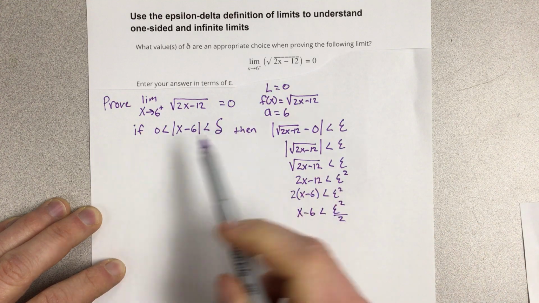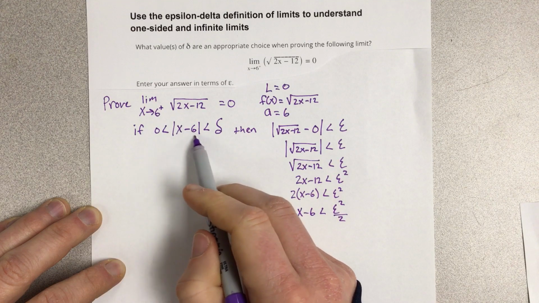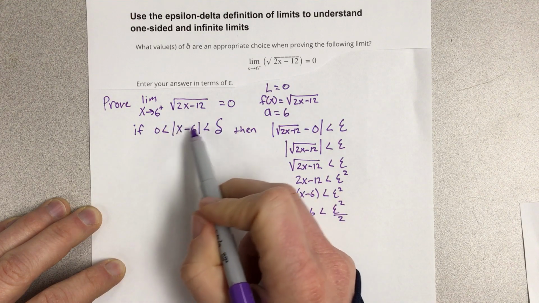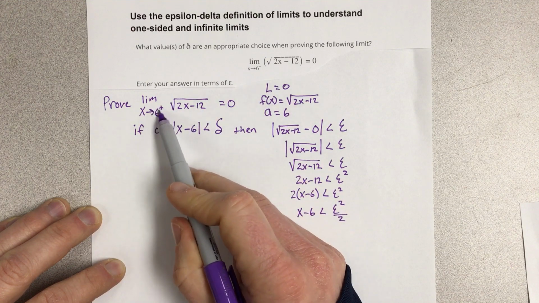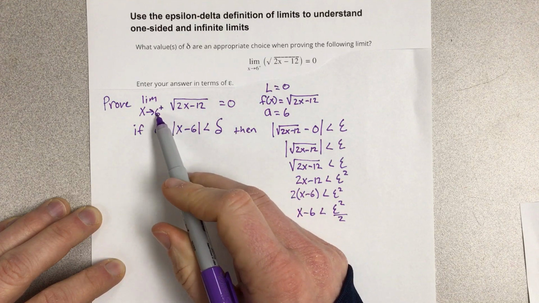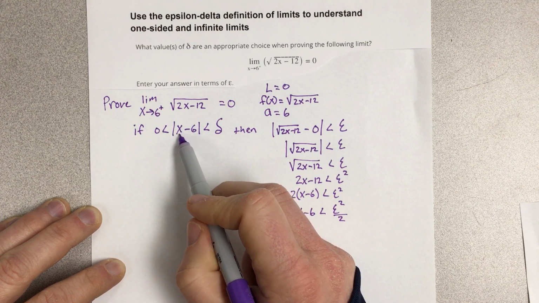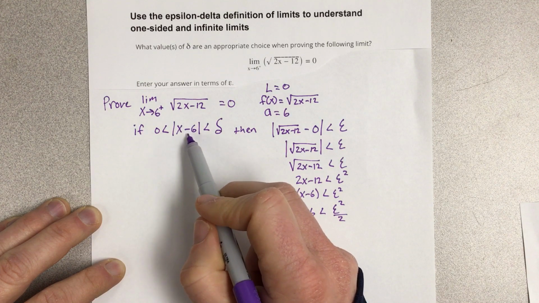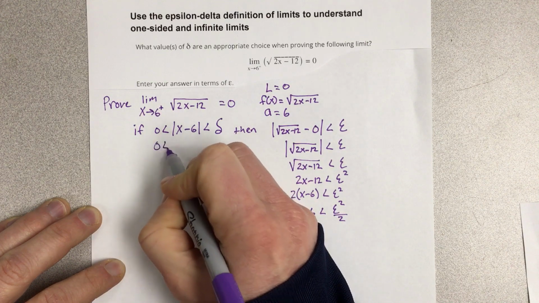Now, we have x minus 6 here, and in the definition we have the absolute value of x minus 6. We're going to drop the absolute value signs on this piece because we're approaching 6 from the right, which means we're using numbers like 6.01 and 6.02. If you plug that in for x and subtract 6, you get a positive number anyway, so we don't need the absolute value signs.